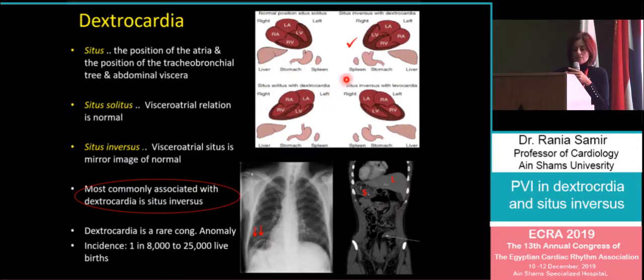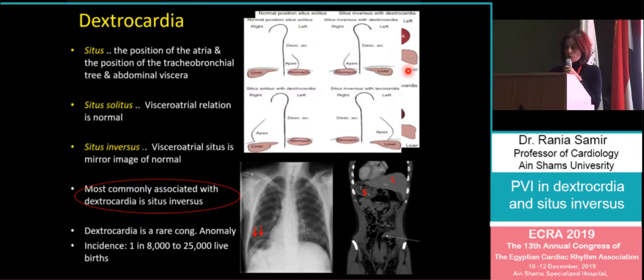While in situs inversus, the viscero-atrial relation becomes mirror image or reversed, so that the right atrium becomes left-sided together with the liver, and you have the stomach on the right side of the vertebral column. So we have situs solitus, which is the normal situs, and situs inversus, which is the abnormal or reversed relationship.